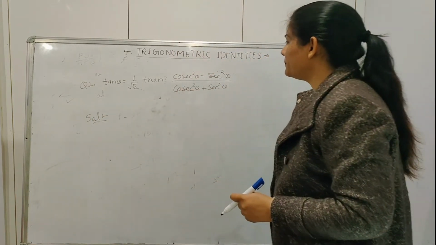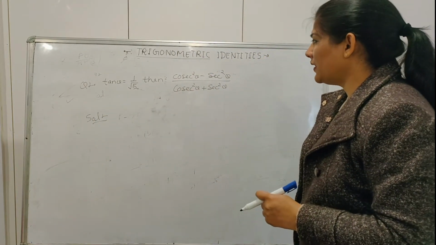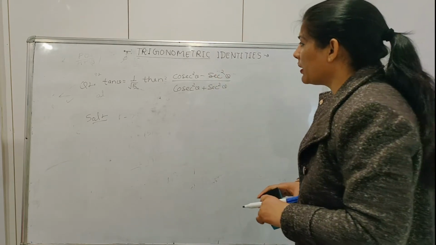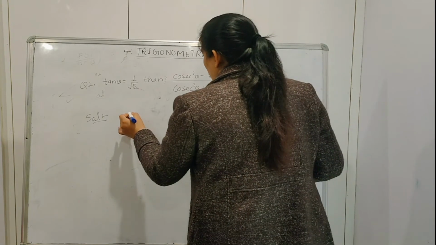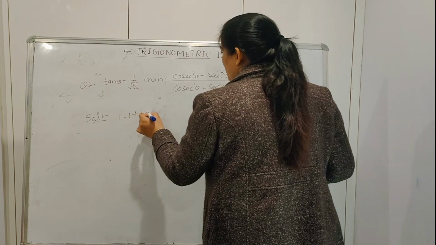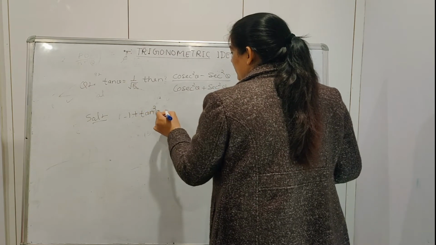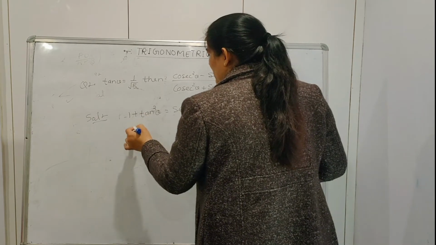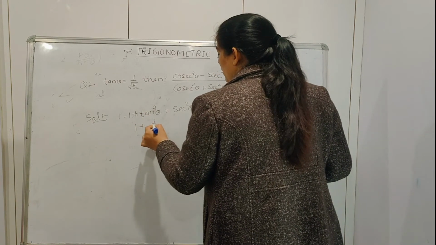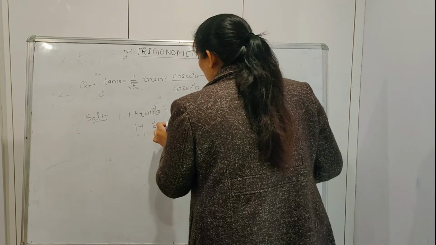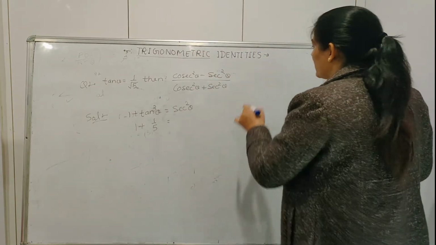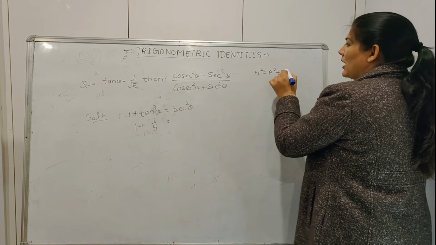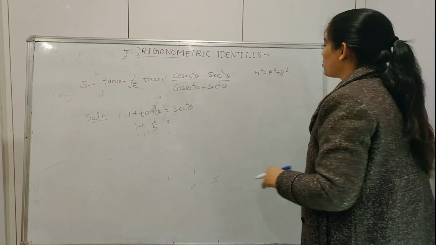From here you can find sec with the help of the identity, because 1 plus tan square theta is equals to sec square theta. So 1 plus tan square theta is equals to 1 plus 1 upon 5. If you don't remember the identity, then please write h square is equals to p square plus b square, and according to the question, because tan is given, you have to make tan here.